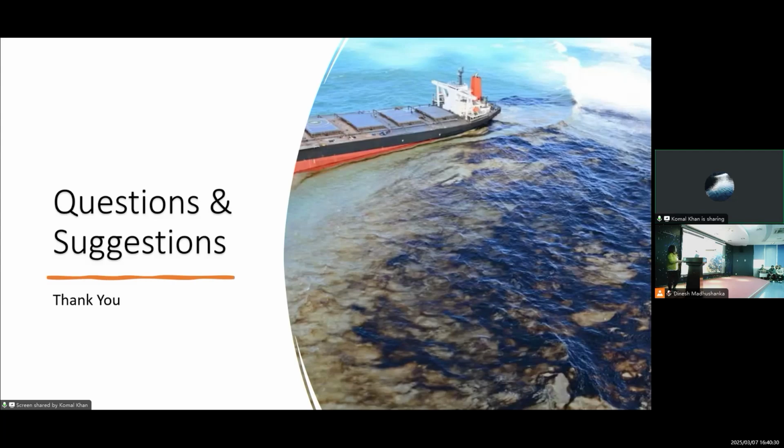If we train an automated model, these problems can be solved, and we can detect oil spills more accurately.